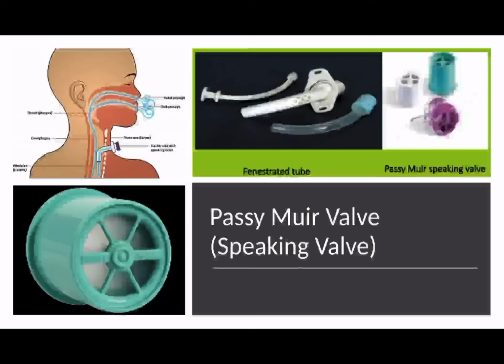There is a lot of resistance breathing through Passy Muir valves, and so patients often need to be fairly strong before they can get to this point. And so, generally speaking, the company says that you shouldn't have the Passy Muir valve on for more than 2 hours at a time, because they can tire fairly quickly with these.